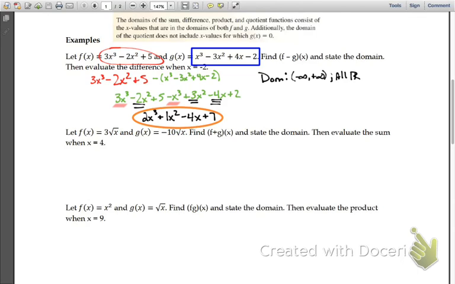I'm going to have 2 times negative 2 to the third plus 1 times negative 2 squared minus 4 times negative 2 and plus 7. So negative 8 and 2 is negative 16, plus 4, plus 8, plus 7. So 15, 19 is positive, minus 16 is going to give me a positive 3.